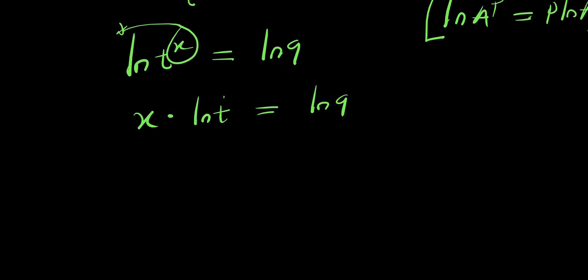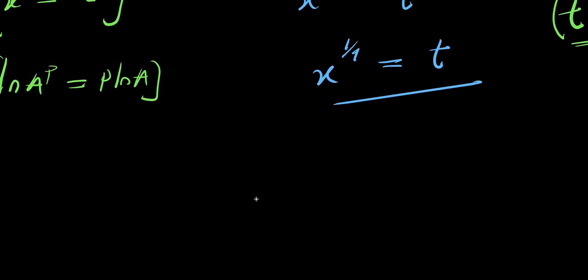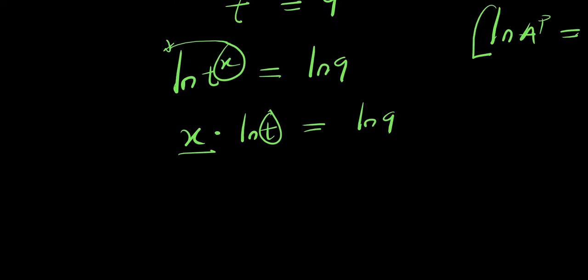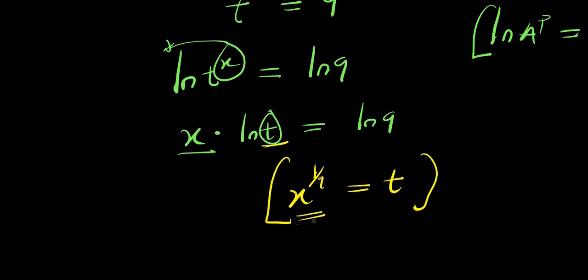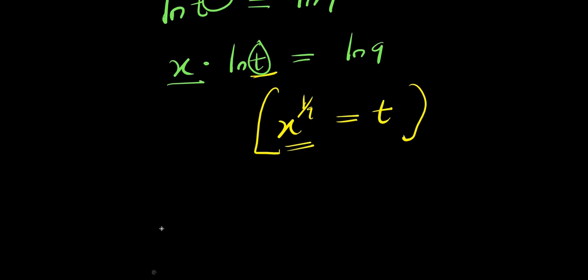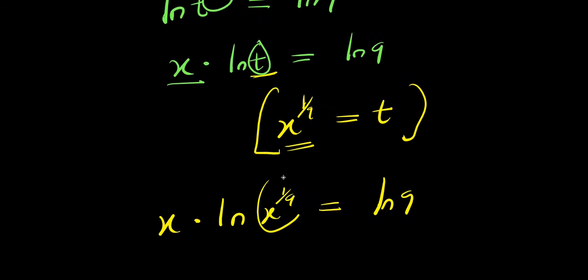And there's a t variable, there's an x variable. So let's make the two variables the same. Recall, we have x^(1/9) = t. Remember this? That means there's t here. I'm going to replace it with x^(1/9). So we'll have x times ln(x^(1/9)) = ln(9), because this equals t.